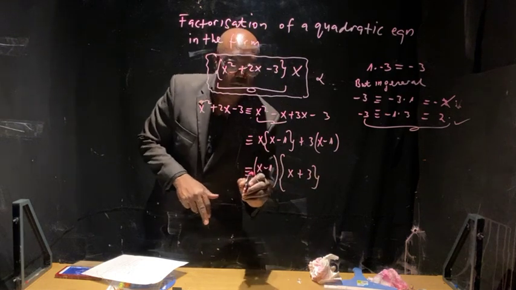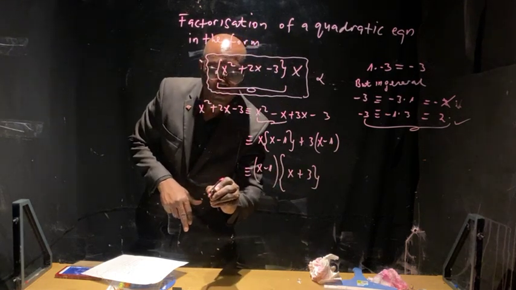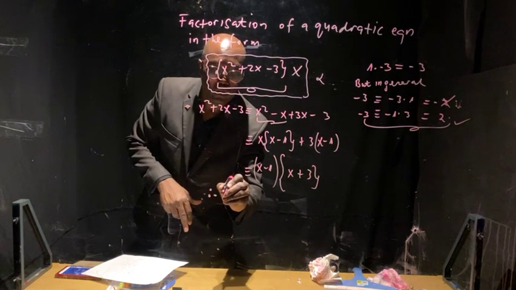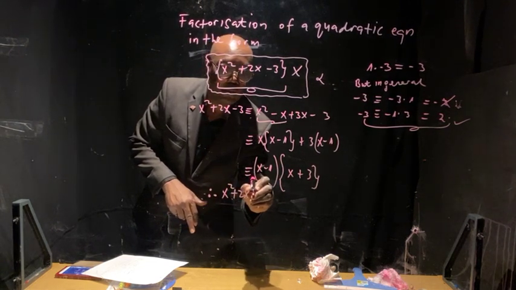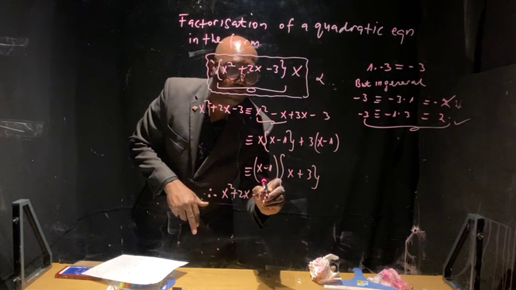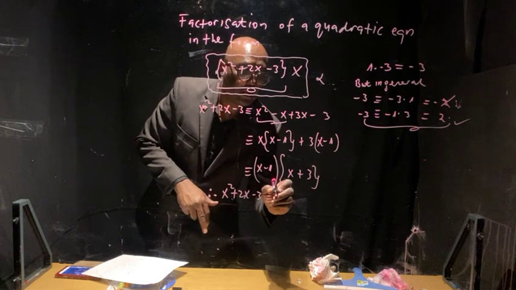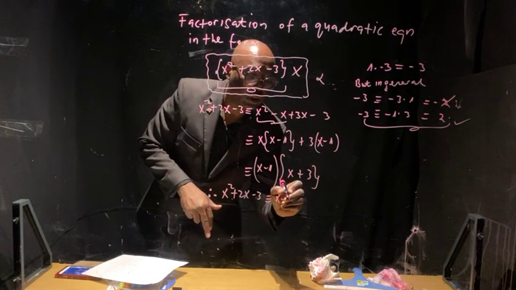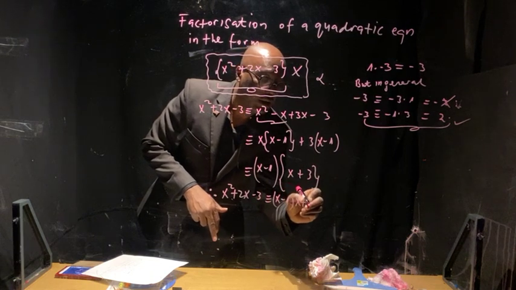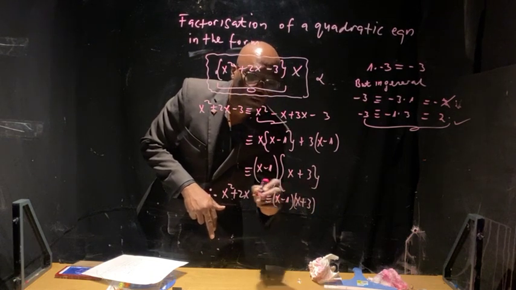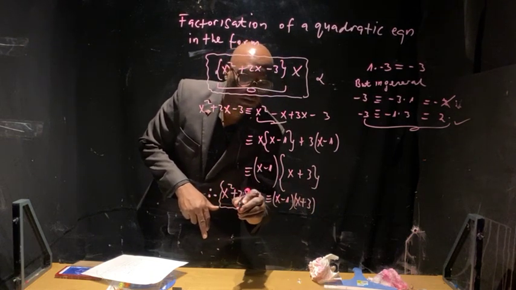Therefore, x squared plus 2x minus 3 is identical to x minus 1, x plus 3. I'll call this one equation beta.